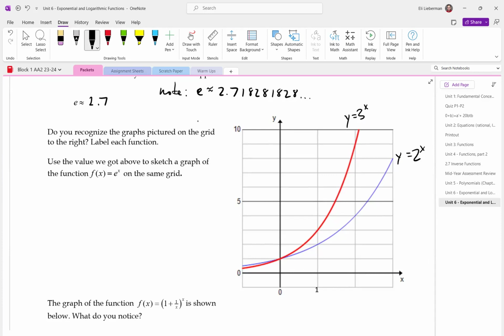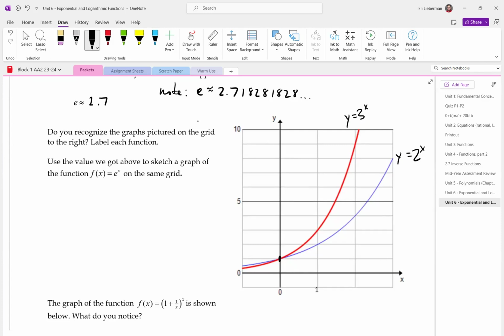Now f of x equals e to the x. Do you see where that's gonna be? We definitely know one point, don't we? 0, 1 is gonna be on it. Let's get one more point. 1 comma e, which is approximately 2.7.